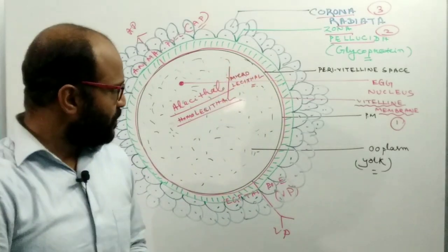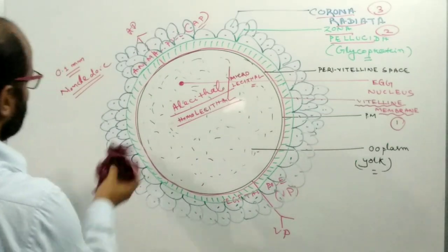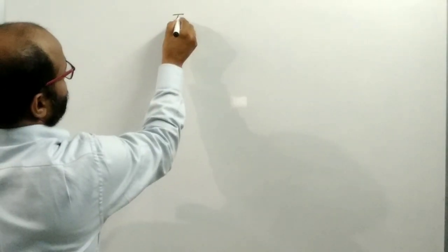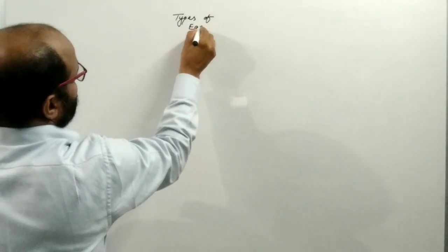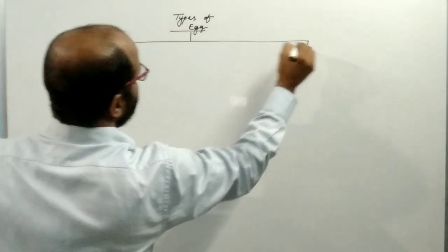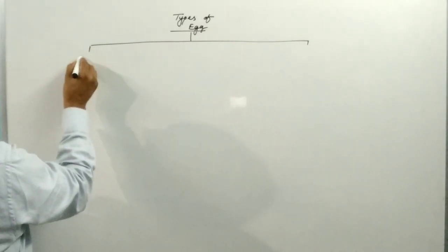Now come to the different types of egg. The eggs are classified on the basis of different criteria. So the types of egg or ovum: on the basis of two criteria, eggs are classified.